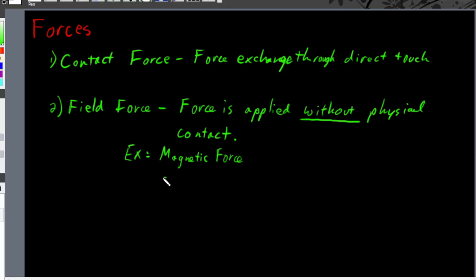Magnetic force is one example. And another example is everybody's favorite, gravity. Gravity, of course, is a force between any two masses in the universe. For example, the Earth and an apple on a tree.